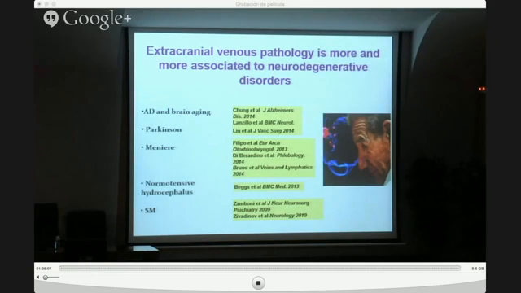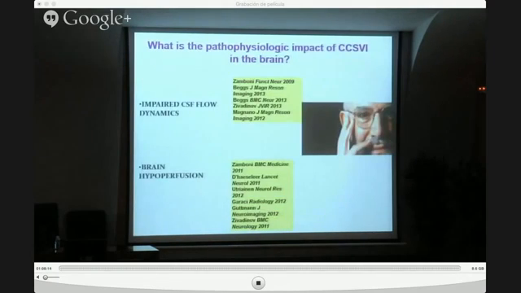A lot of papers about Meniere's and also sudden hearing loss. Normotensive hydrocephalus. So the question is, what are the unifying mechanisms that may concur to neurodegeneration in so different pictures?